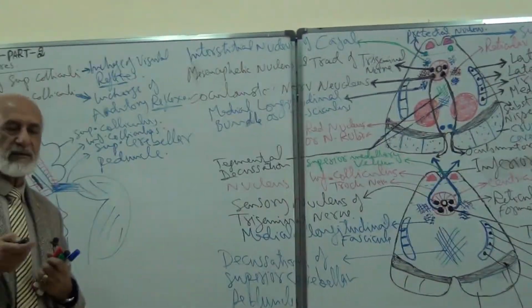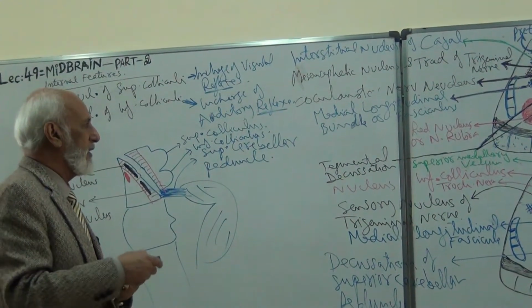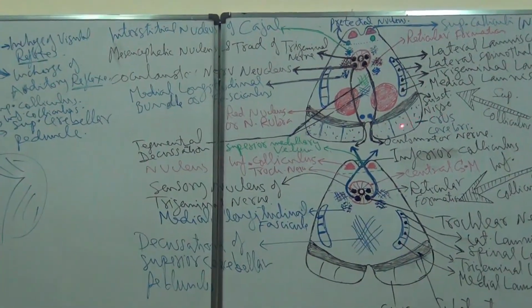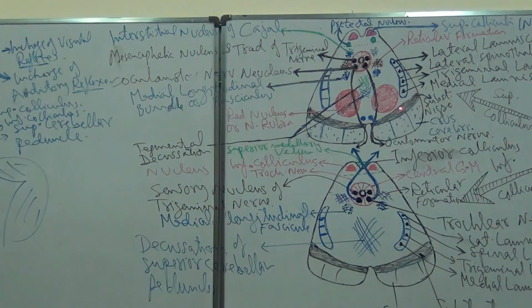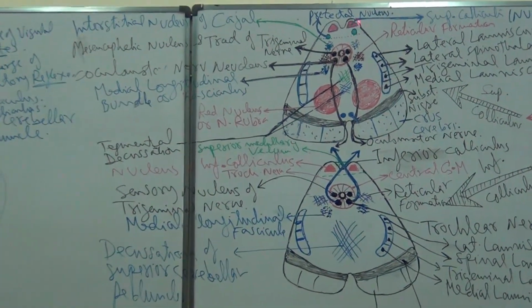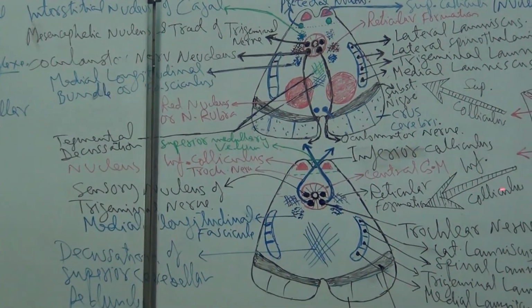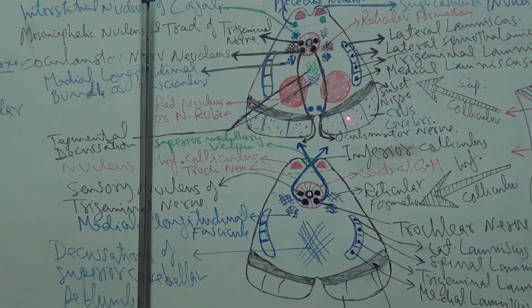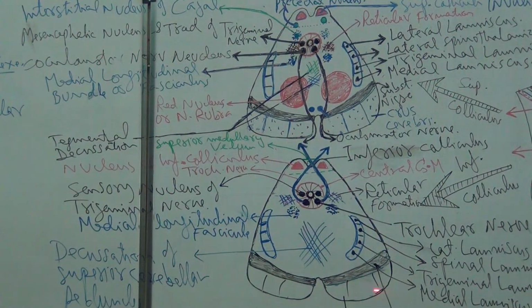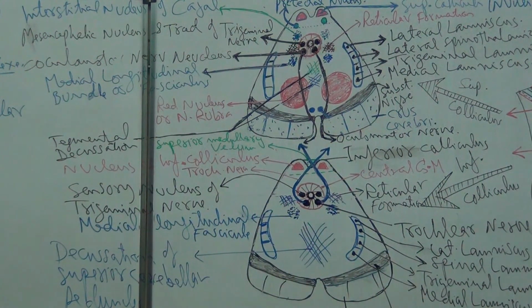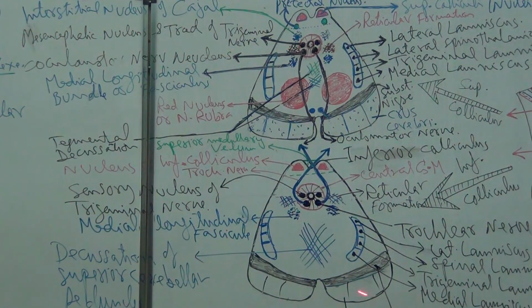Now you have seen that both upper half and lower half comprise the crus cerebri in front, substantia nigra, tegmentum and tectum. The same is the case here. The crus cerebri structure in the upper half and lower half of the midbrain is uniform, with no structural changes. Second, the substantia nigra structure in the lower half and upper half of the midbrain is also the same.